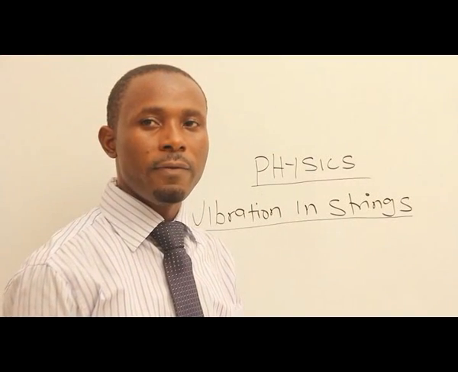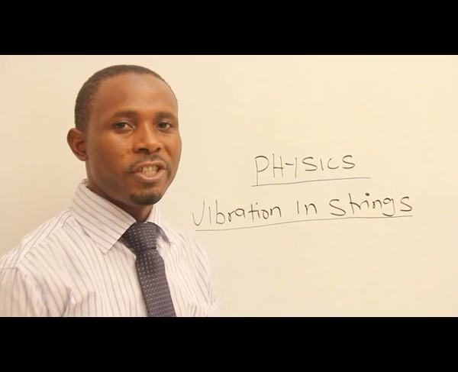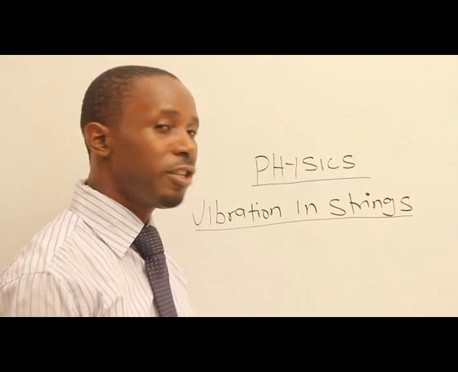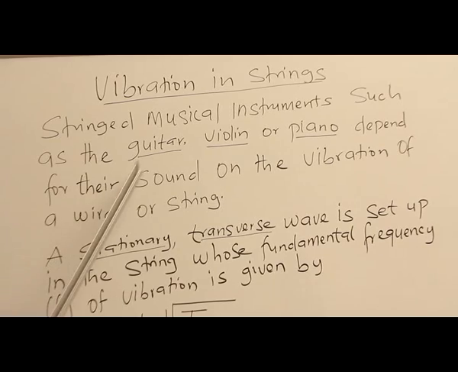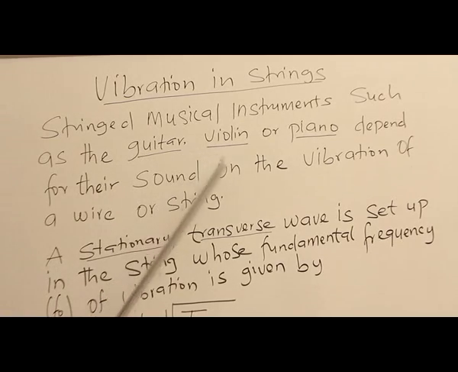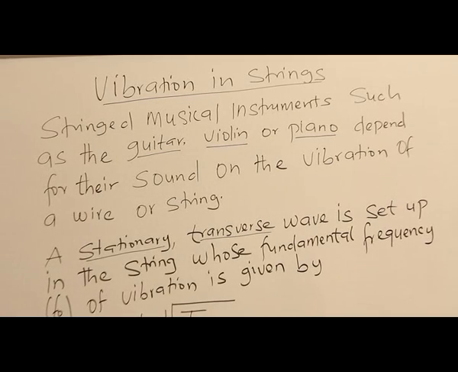In today's topic in physics, we shall be looking at vibration in strings. Stringed musical instruments such as the guitar, violin or piano depend for their sound on the vibration of wire or string.